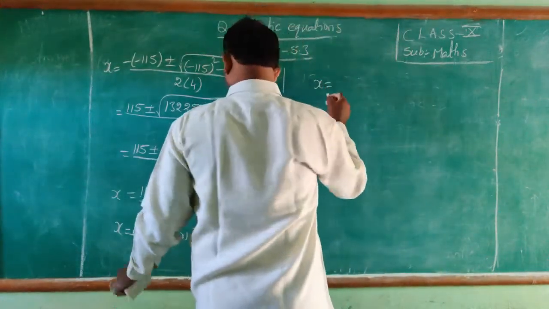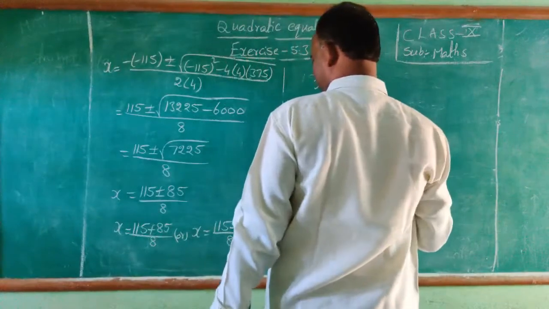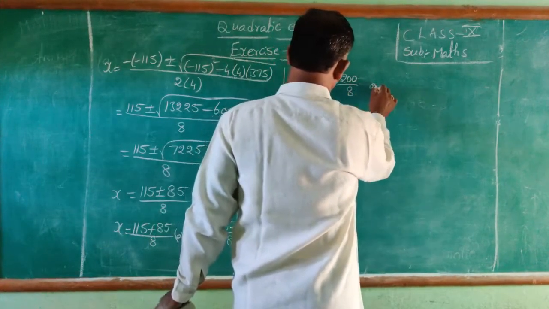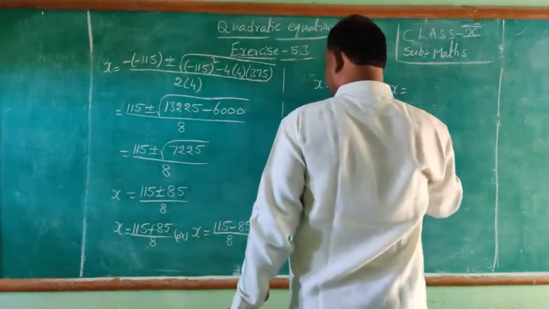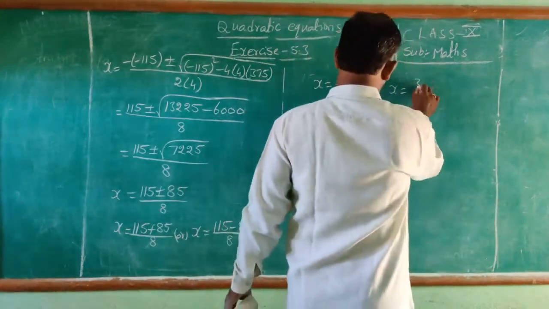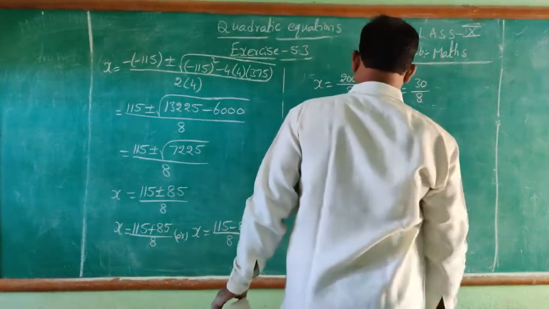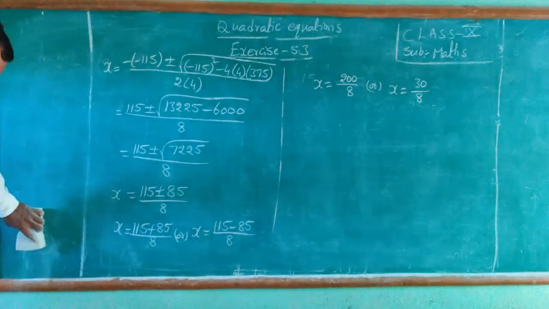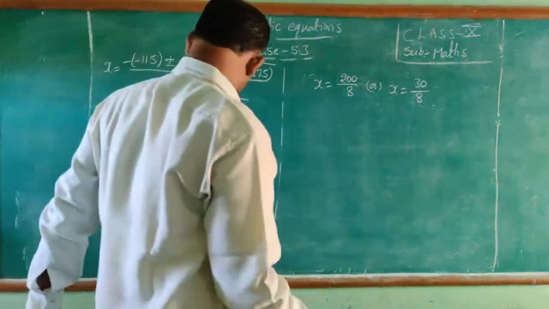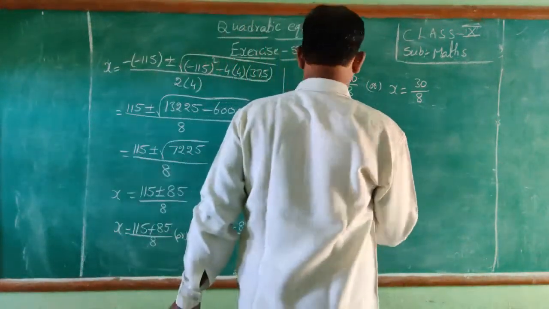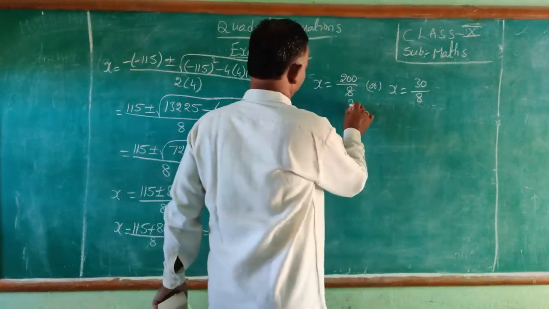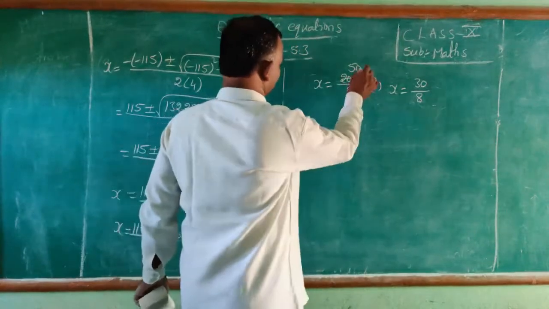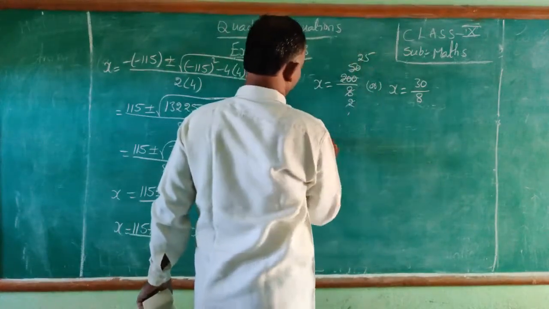So x is equal to 115 plus 85, 200 by 8, or x is equal to 115 minus 85, 30 by 8. 4 50s are 200, 4 2s are 8.